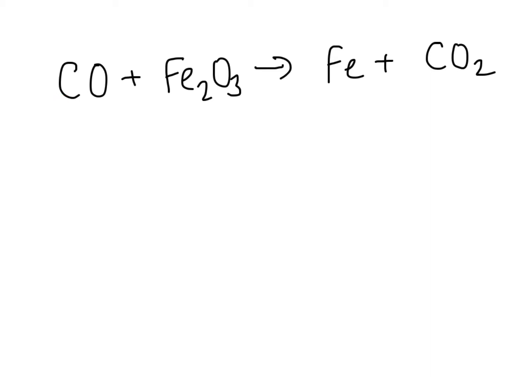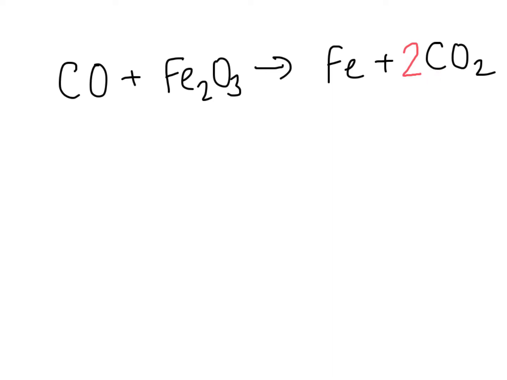So we have 1 carbon here, 1 carbon seems to be okay, same number on both sides. And if you look at oxygen here, 1 plus 3 gives you 4 oxygen, but you got only 2 here. So you'd be tempted to put a 2 here. Now that makes this carbon atom into 2.